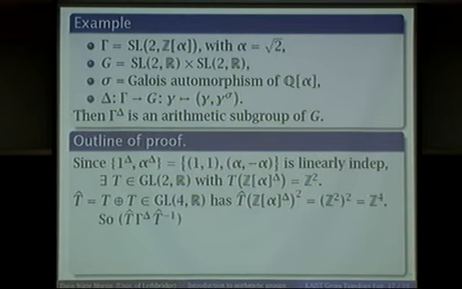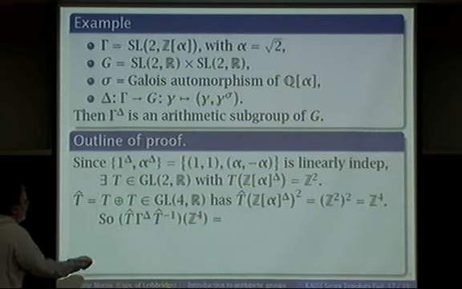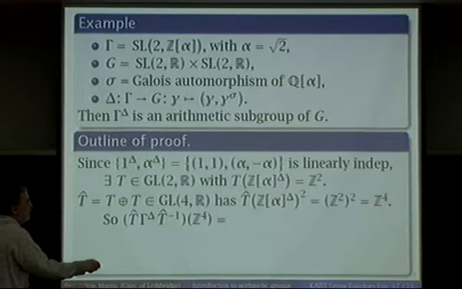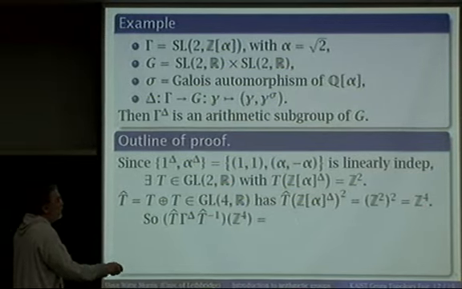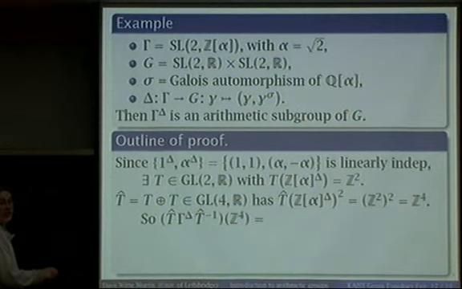And what that means is that if we take elements of gamma delta and conjugate them by T hat, let's walk through what happens when you apply the matrices to elements of Z4. T hat moves this funny thing to Z4, so T hat inverse will move Z4 to the funny thing squared.